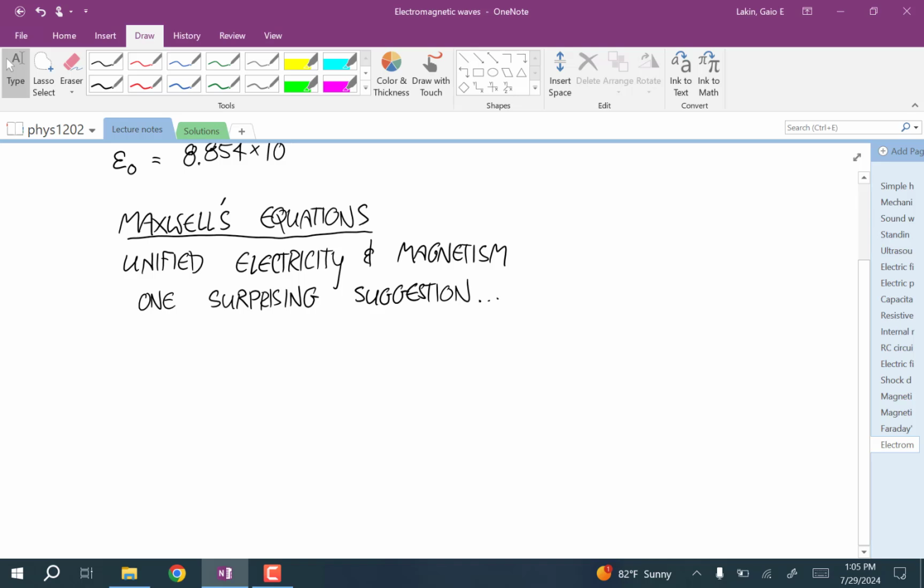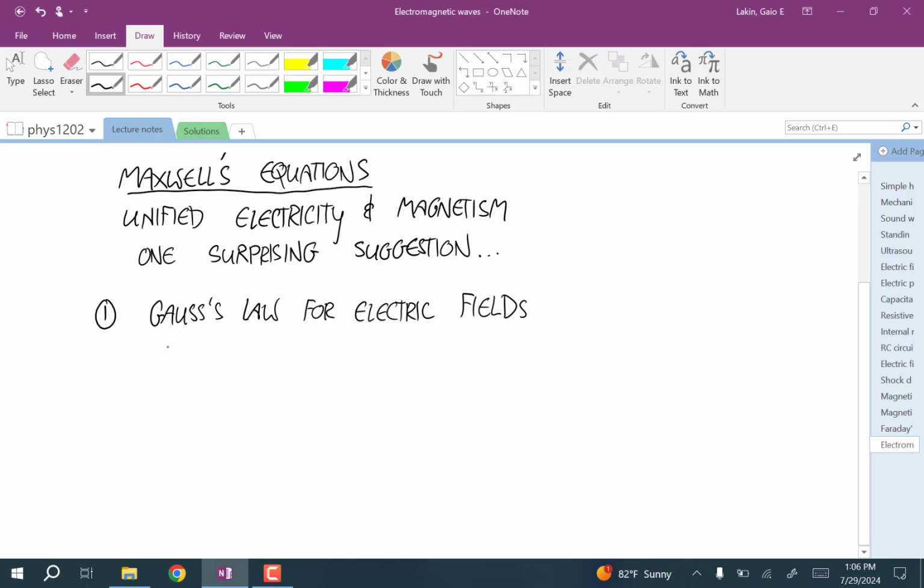Okay, so there are 4 equations in Maxwell's equations. The first one is called Gauss's law for electric fields. I'm going to give you these, but like I said, these are not equations that you're going to use. In general cases they're very complicated to use, and even in simplified cases they're pretty tricky.